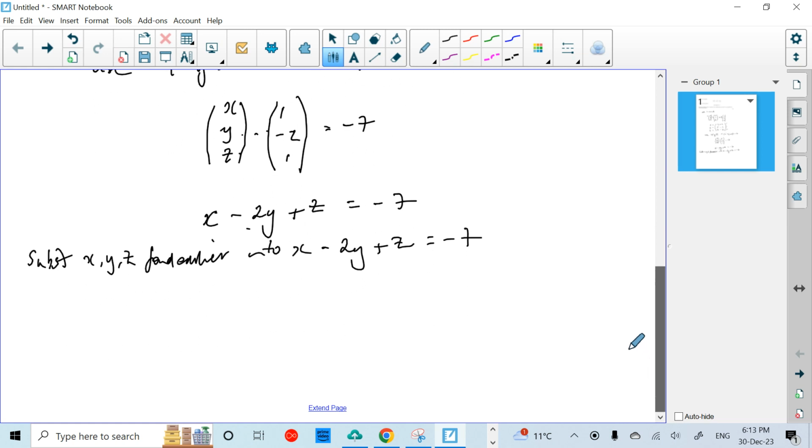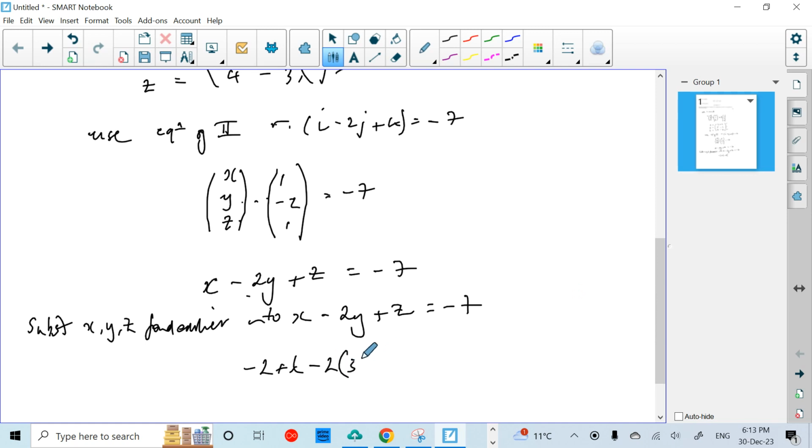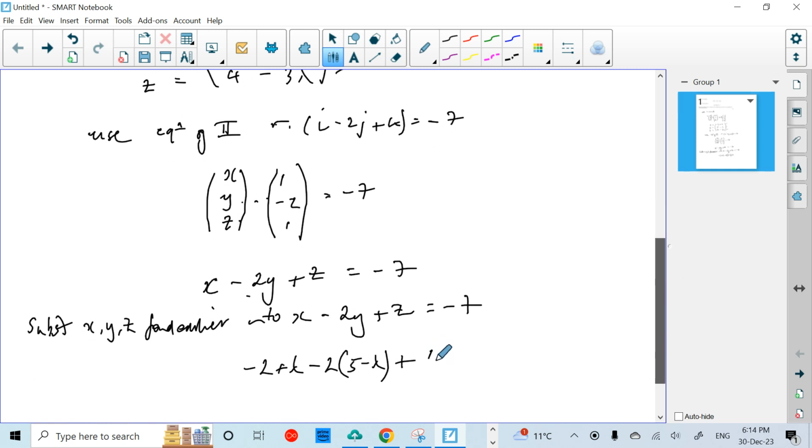And when we do that, the value of x found was minus 2 plus lambda, and the value of y was 5 minus lambda, and we got two lots of that, and the value of z found was 4 minus 3 lambda, and it's all equal to minus 7.